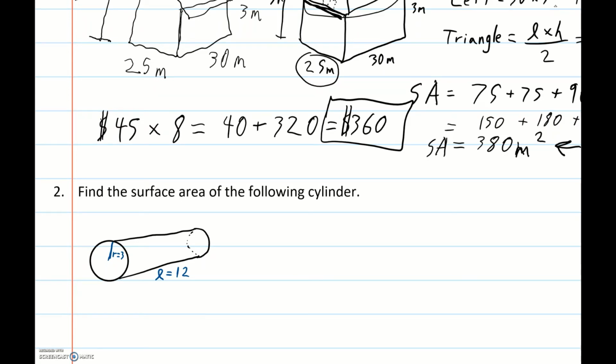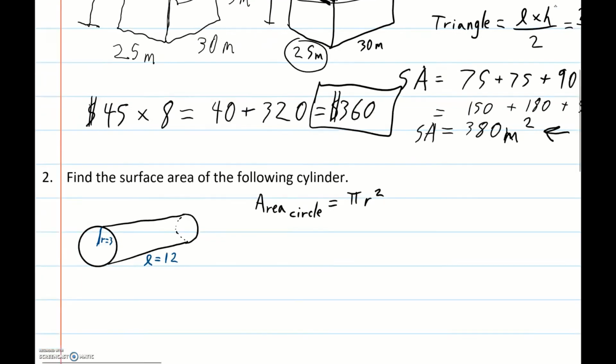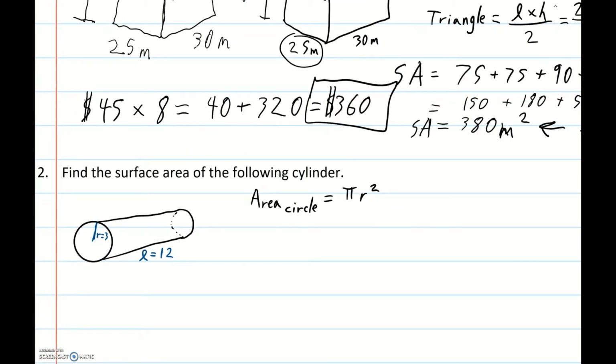First of all, we have to remember area of a circle. The formula is pi r squared. And now the area of like the whole side of the cylinder, so that's like all the way around this part, all the way around, all the way this way.